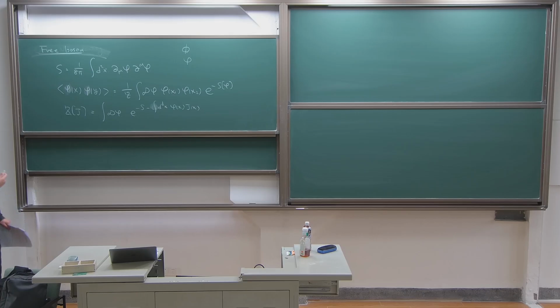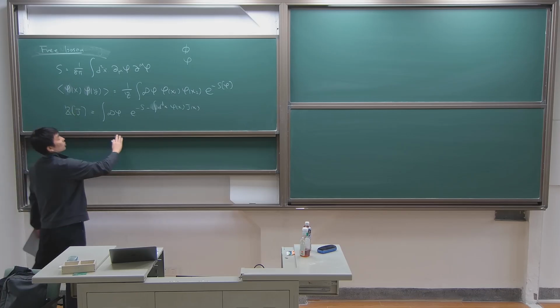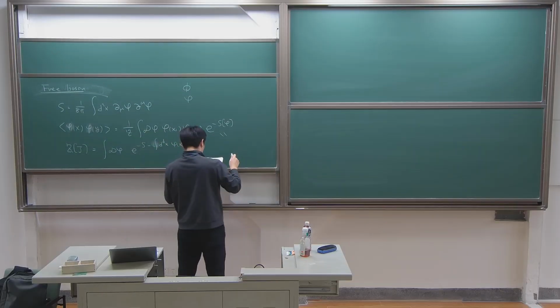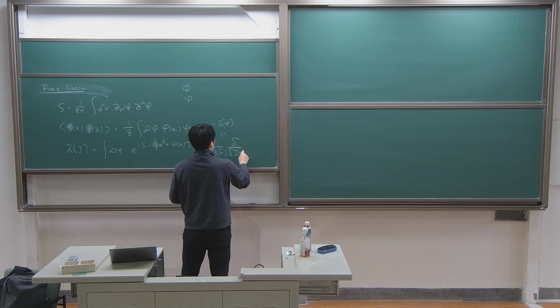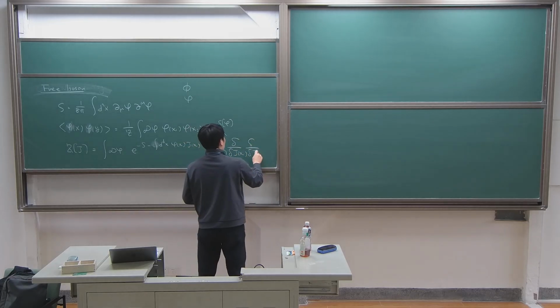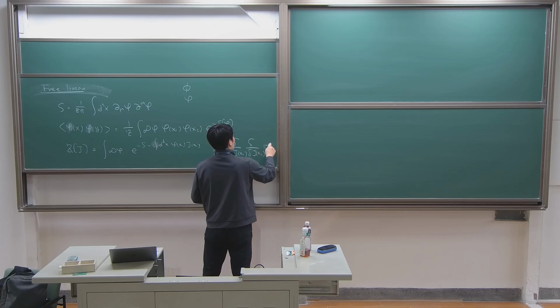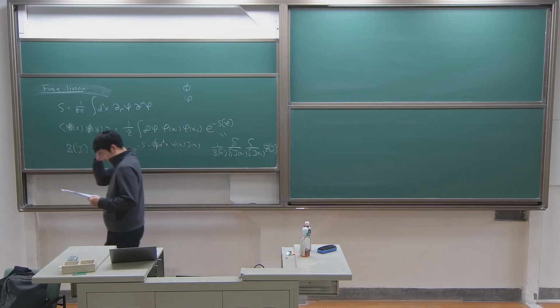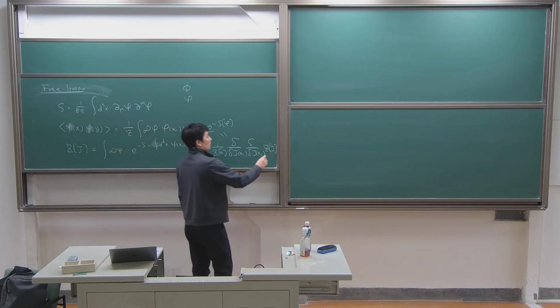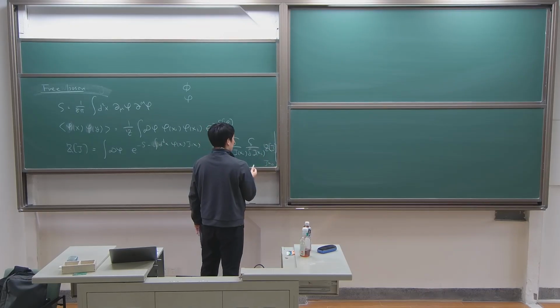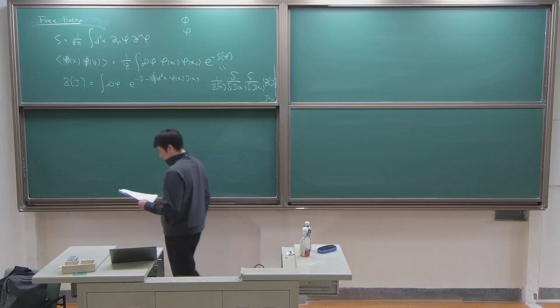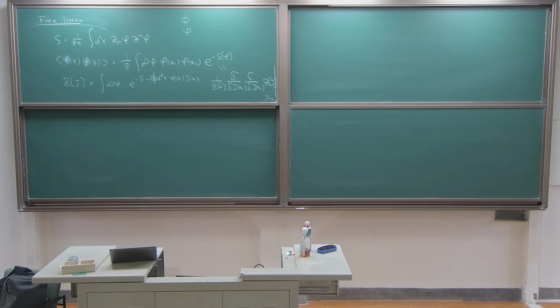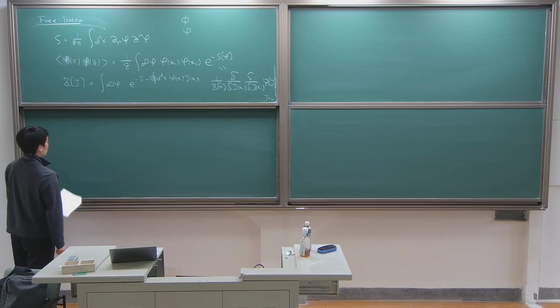Then you can easily see that this two-point function can be understood as delta over delta j of x, delta over delta j of z, like this. And then I need to set j to zero.